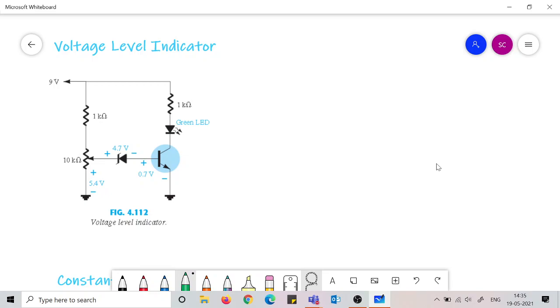This is what we are trying to convey when we show this sort of symbolism. The arrow means there is something, we don't know what it is. Any complicated network can be there. What we expect at this point is 9 volts coming out with respect to ground. So whether 9 volt is coming or not, we have to check now.